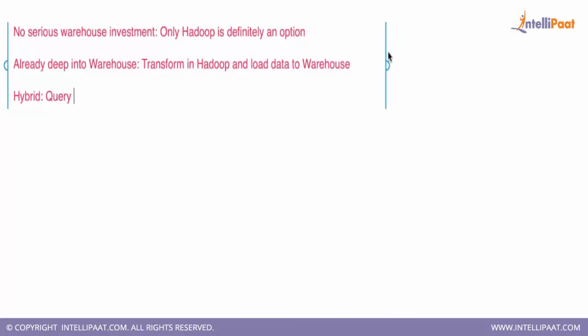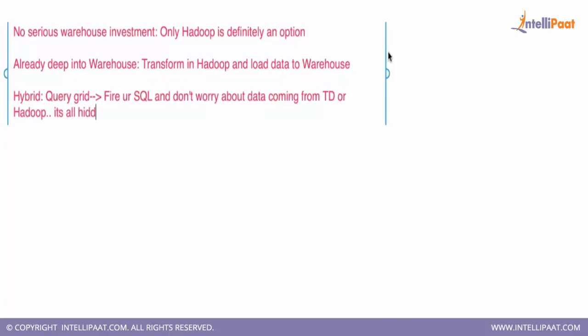So they use a product called something like QueryGrid, where it's like: fire your SQL and don't worry about where the data is coming from, Teradata or otherwise, it's all hidden.